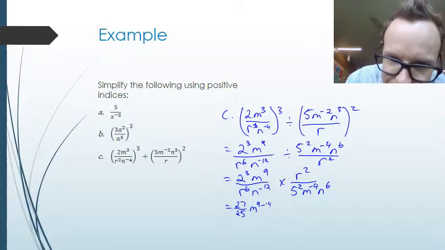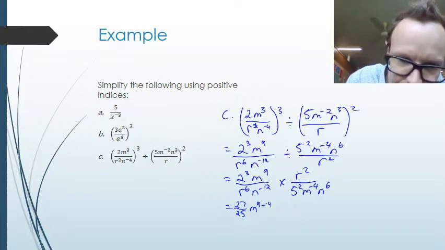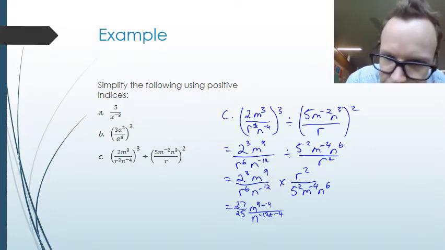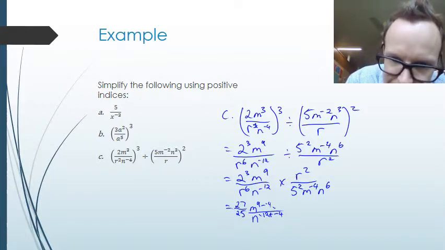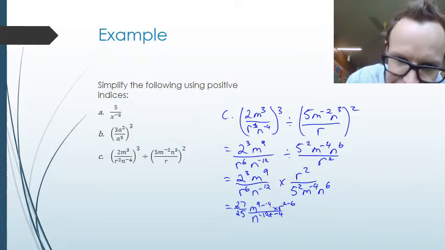And then I've got my r's, so I'll do the n's here, n to the negative 12 plus negative 4, because they're both on the bottom there. And then doing the r's, we've got r squared, and then r to the 6 is on the bottom, so I'm going to minus the 6 away.